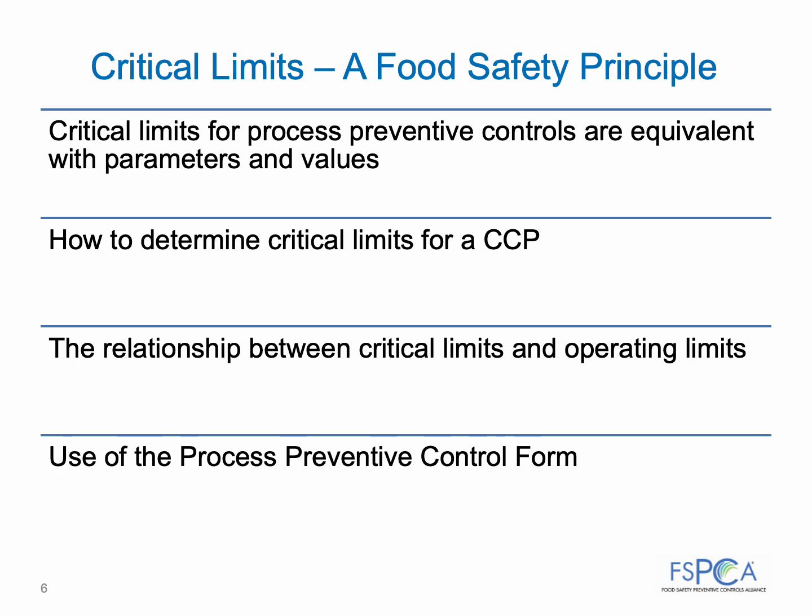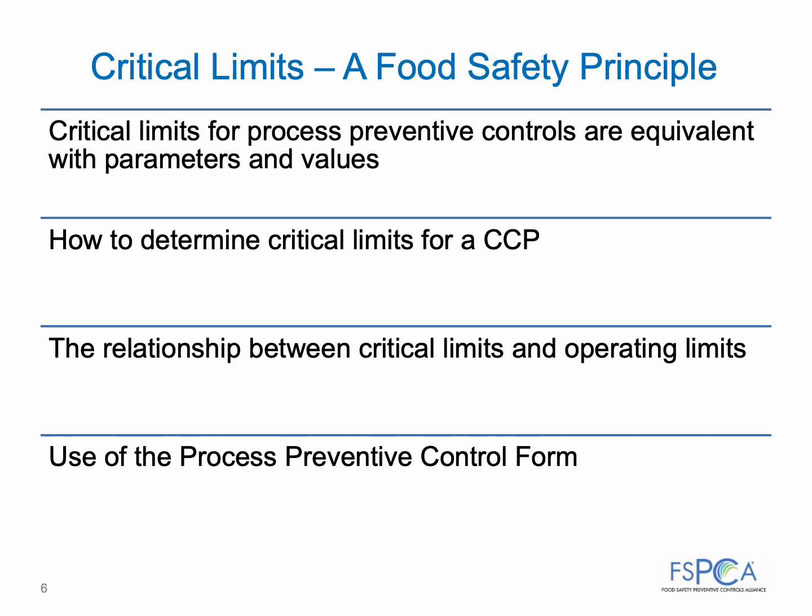For simplicity, the term critical limit is used in the rest of this chapter instead of minimum or maximum values associated with the parameters and values to control the hazard. Critical limits play an important role in a preventive control program. If a significant hazard exists, it is important to understand values for the parameters that must be met to control that hazard.